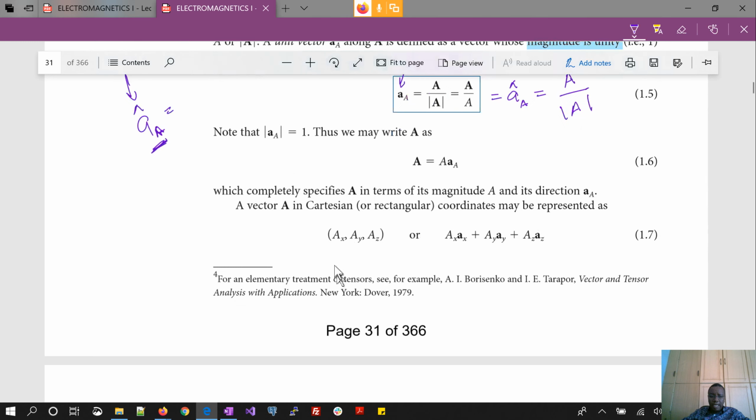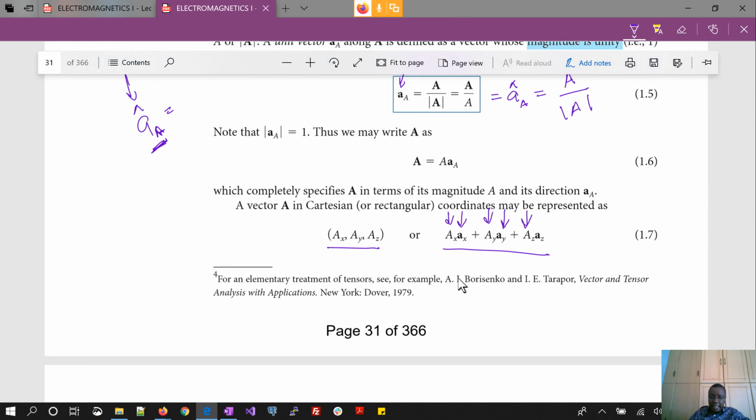Now, a vector in Cartesian coordinates may be represented by equation 1.7, where these are scalars representing the component in each direction: Ax, which is a scalar, and then a unit vector ax, Ay with the unit vector ay in the y direction, and Az with its unit vector.